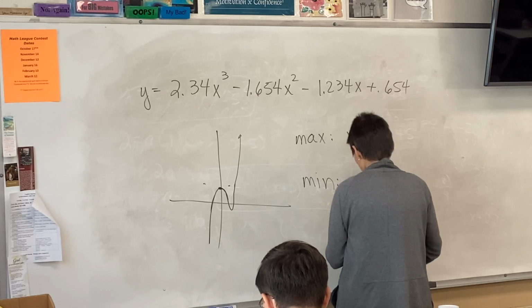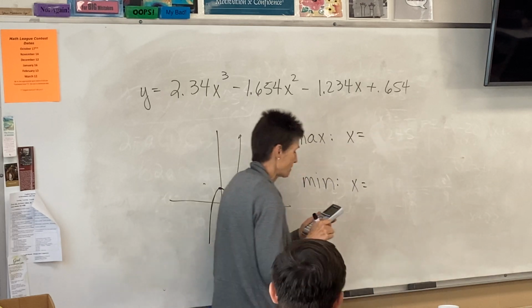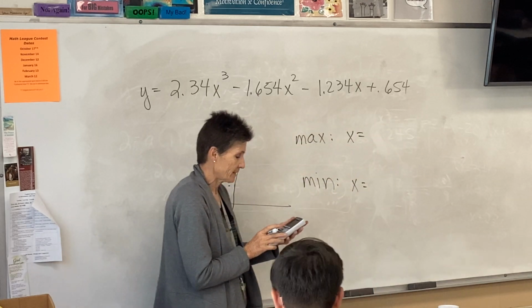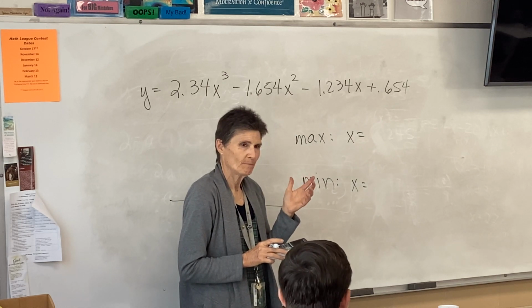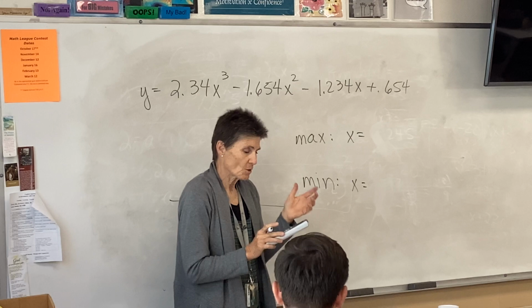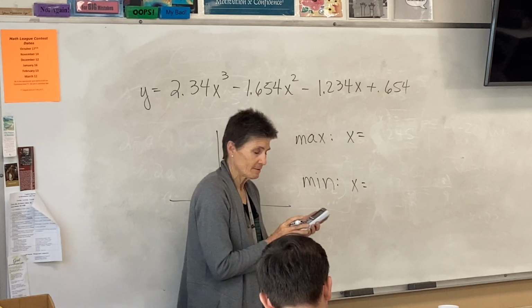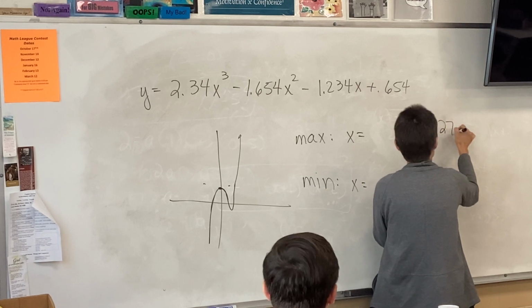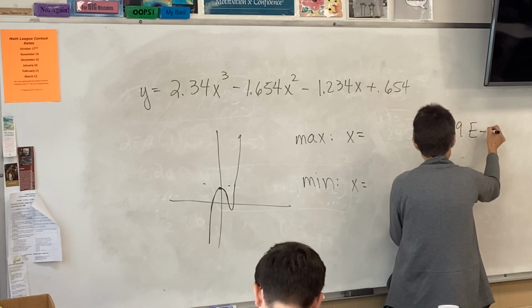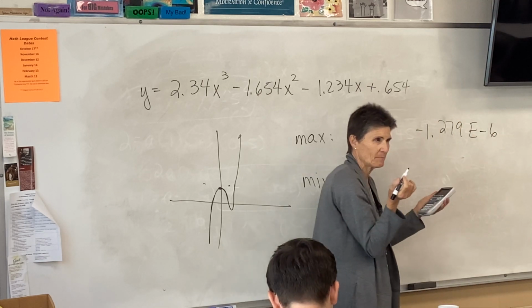I don't know if this happened to you. I've got an old calculator and it sometimes does this sort of funky thing. Anybody find a maximum and something kind of strange came up? Yeah. So what came up on mine was negative 1.279 e negative 6. Anybody else get something that looks like that?